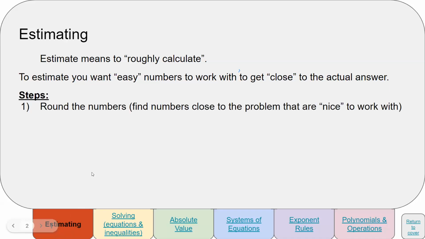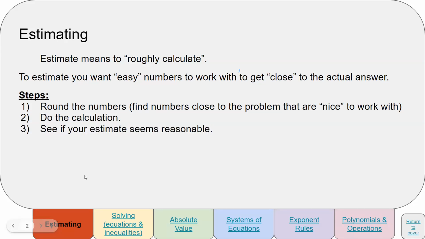You're going to find numbers that are close to the problem that are nice to work with for that particular problem and situation. So having a bit of number sense is going to help you with estimating. Then you're going to do your calculations, and it should be quick because you're working with numbers that you like. And then you're going to see if your estimate seems reasonable. Does it seem logical that you're kind of close to your answer?